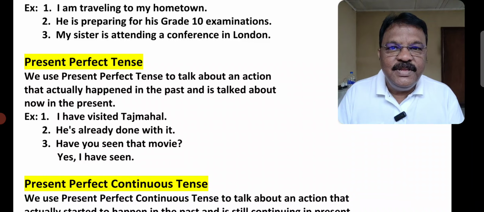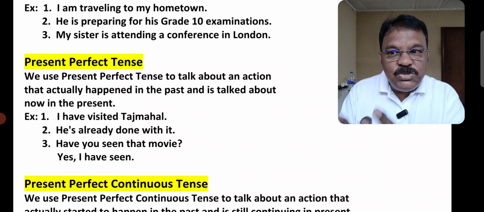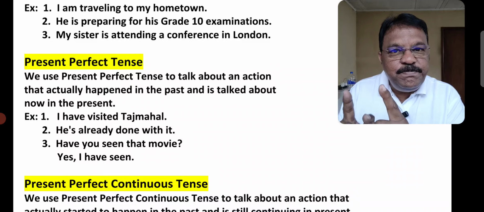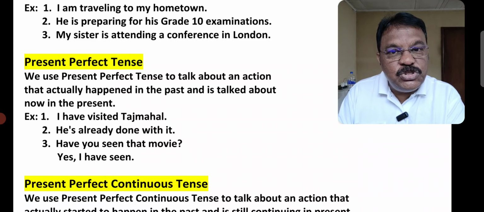So seeing the movie happened in the past already. So we use present perfect tense to talk about the action which actually happened in the past. But when are we talking about that action? Now you are talking about the action done by your friend in the past, now to him.